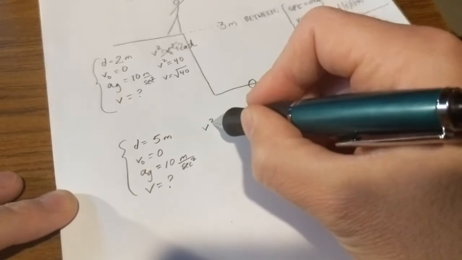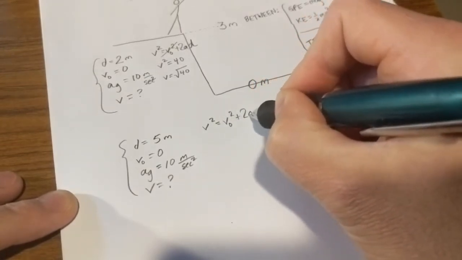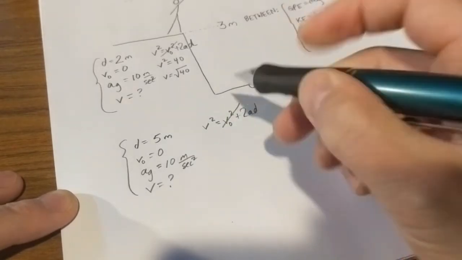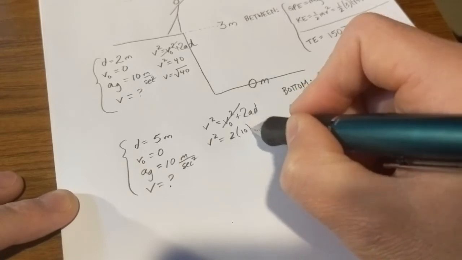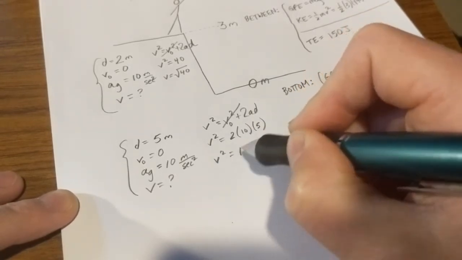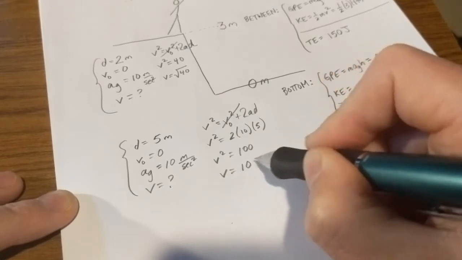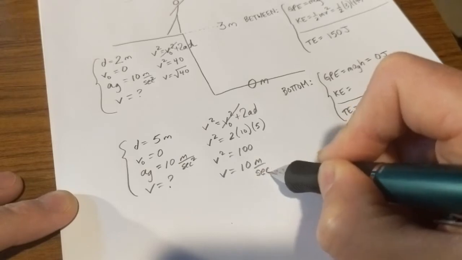And again, we can use our old third kinematics equation. Two times 10 times 5 is 100. So the final speed when this ball reaches the ground, or the floor, or the bottom, will be 10 meters a second.